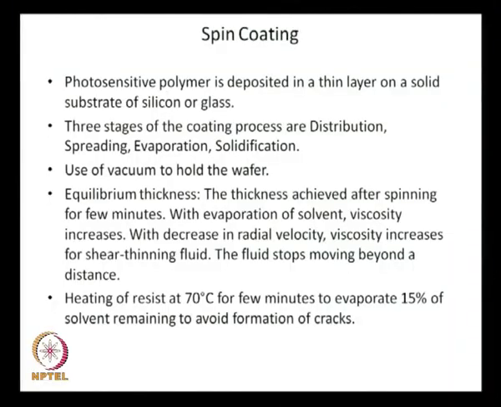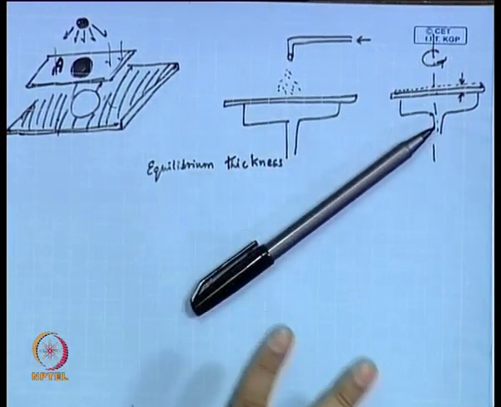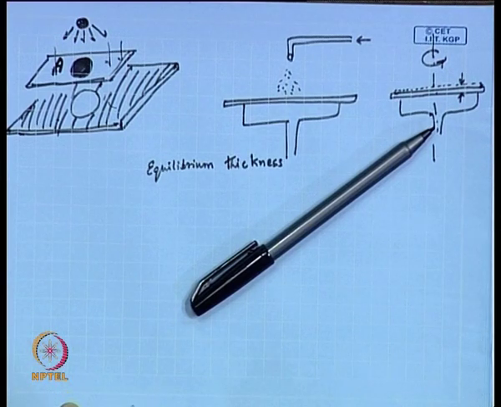So if it is a shear thinning fluid, then if the velocity decreases, that means the velocity gradient del u del y decreases, then you have higher viscosity. So it becomes more difficult to flow, and also the evaporation is constantly taking place. When it is deposited, this entire material was in one place, a blob. But now you are spreading it, you are creating such a high area over which the evaporation can take place.